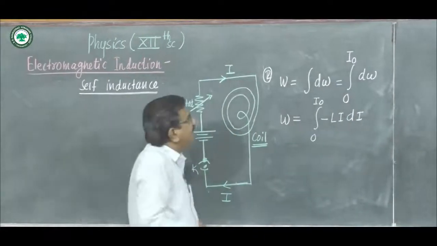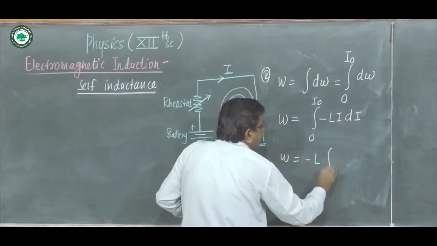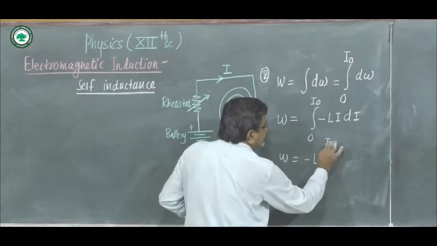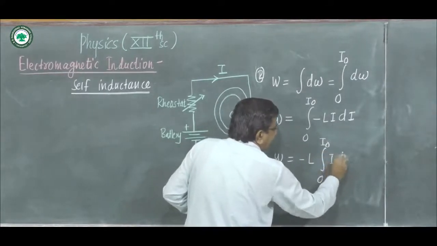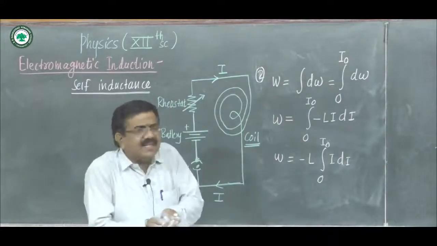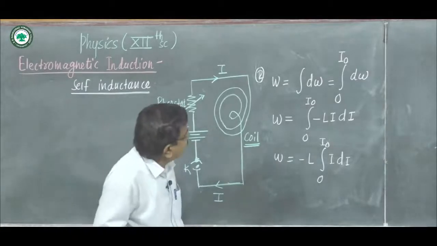We solve this with simple mathematics. W is minus L times the integration from 0 to I0 of I di. And we know the integration of I di is I square upon 2.